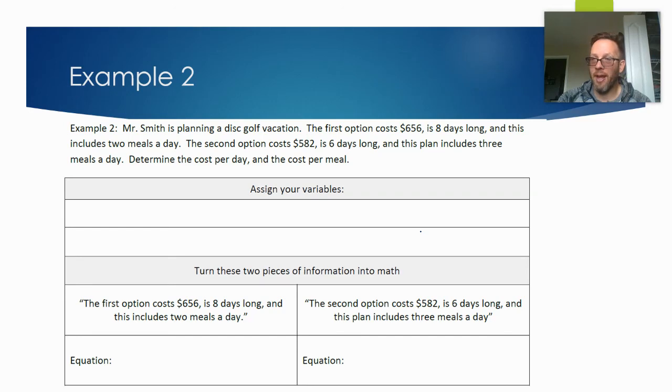To help further analyze which vacation is best for me, we want to find what an actual day costs and what an actual cost per meal is. So there's 2 things we're asked to find. So we need to assign variables to those 2 things. So for cost per day, I think D is a good choice.